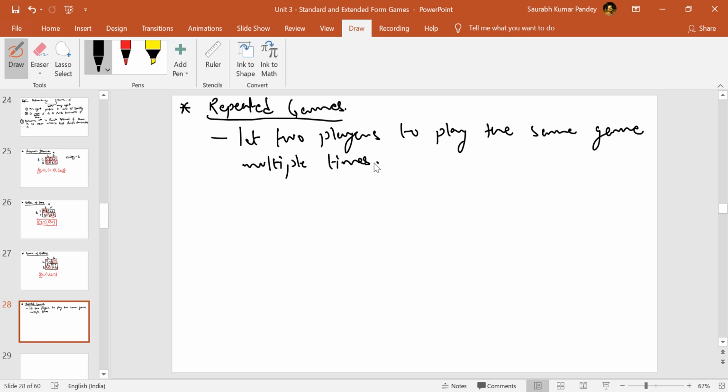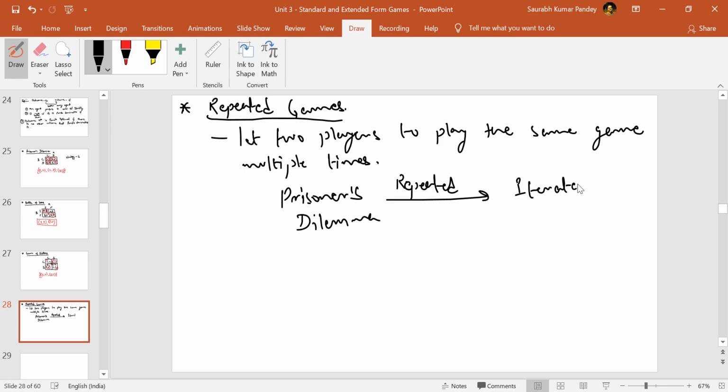Fine. So what will happen? If it's a prisoner's dilemma and the prisoners are playing repeatedly, then it will be known as iterated prisoner's dilemma.